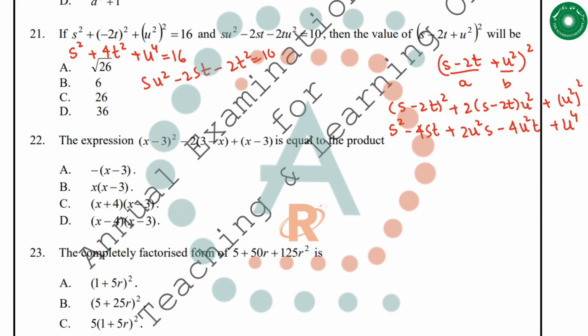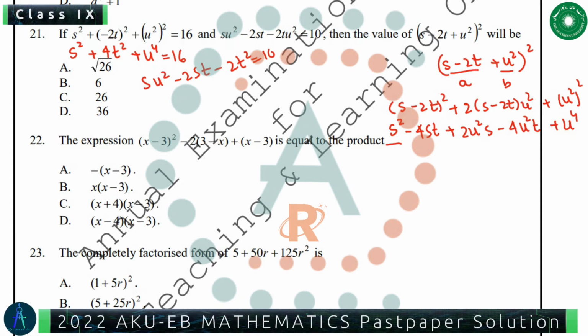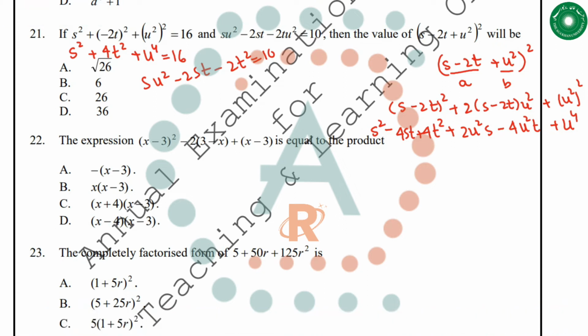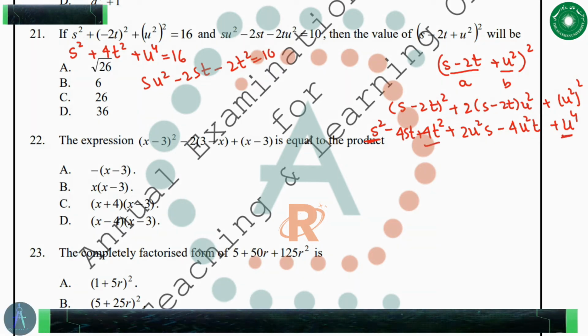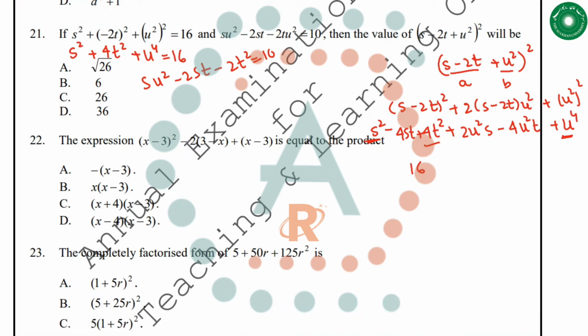So in this, as we can see, s square plus 4t square plus u^4 is equal to 16. So the value of this is s square plus 4t square plus u^4. The sum of these three terms will be 16. Then we will get minus 4st plus 2u square s minus 4u square t.